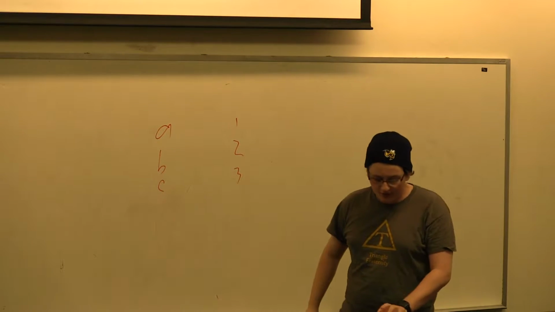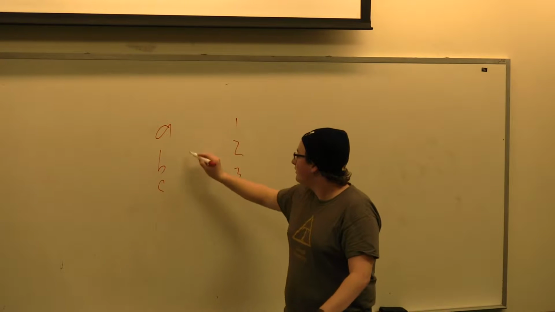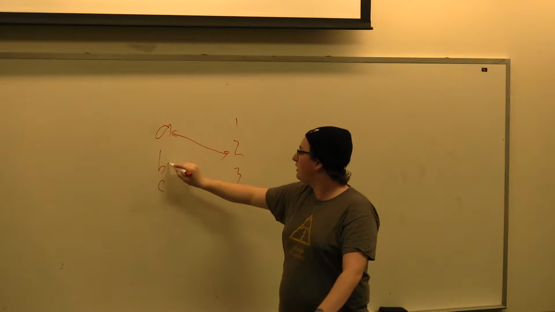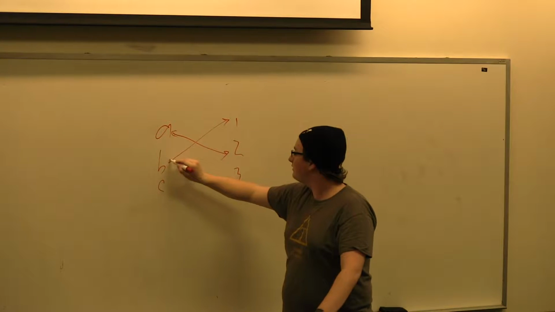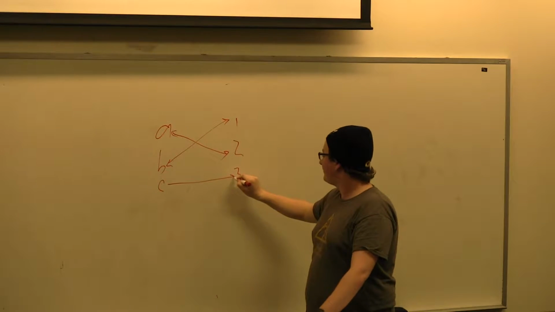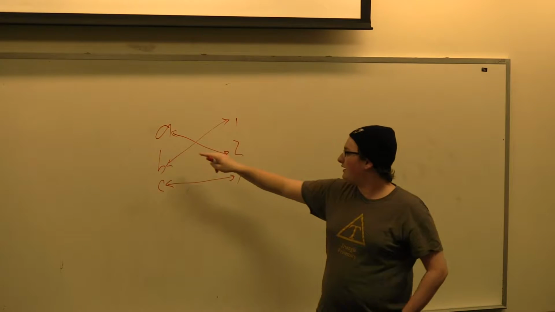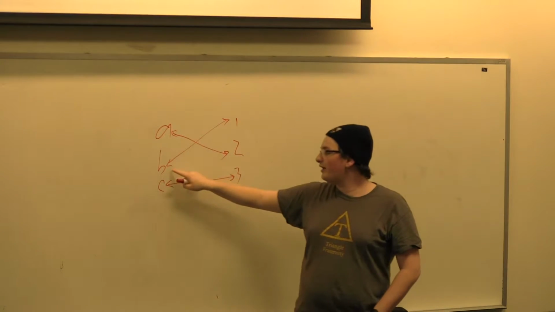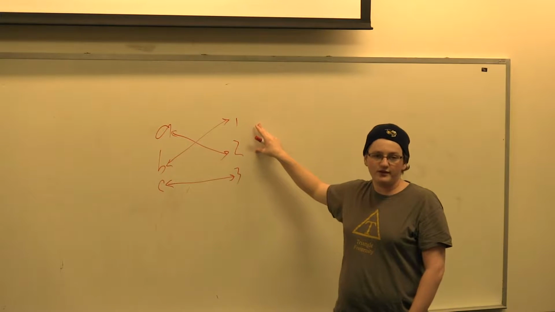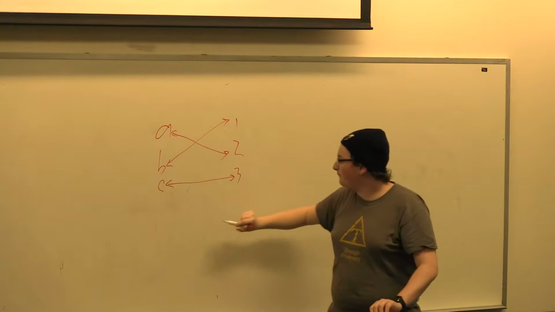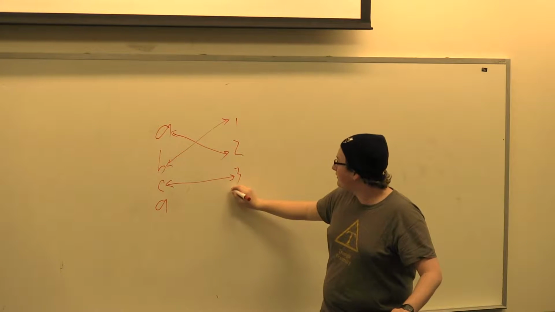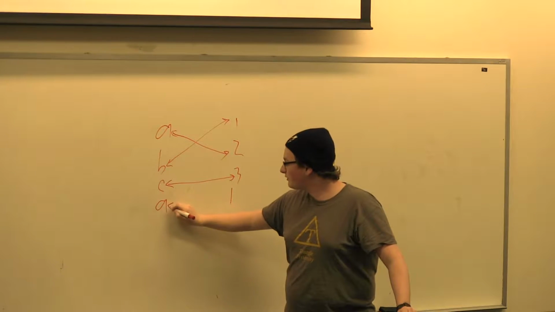A bijection is a pairing which will allow me to uniquely pair off the elements such that every element in one set has a unique pair in the other set. No one element is paired to 2 elements in the other set, and if I have repetition in the set, which I'm allowed to do, it's still paired with the same object.